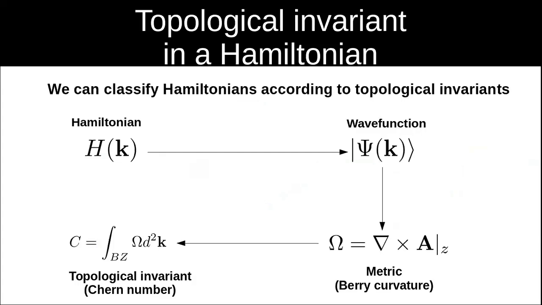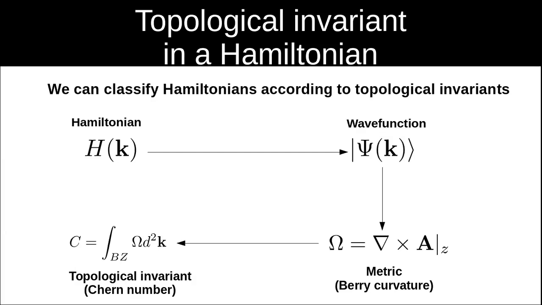This idea of topology in Hamiltonians can be phrased in a precise way as follows. Imagine that you have a Hamiltonian that depends on the momentum. This Hamiltonian gives rise to wave functions that depend on the momentum. These wave functions are associated with a specific curvature called the Berry curvature.